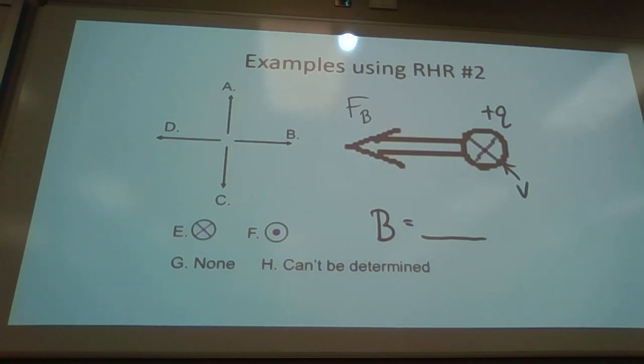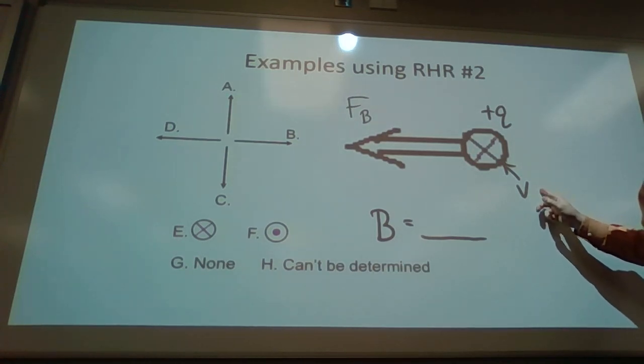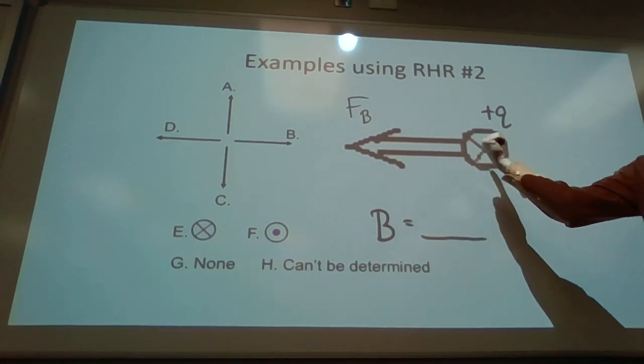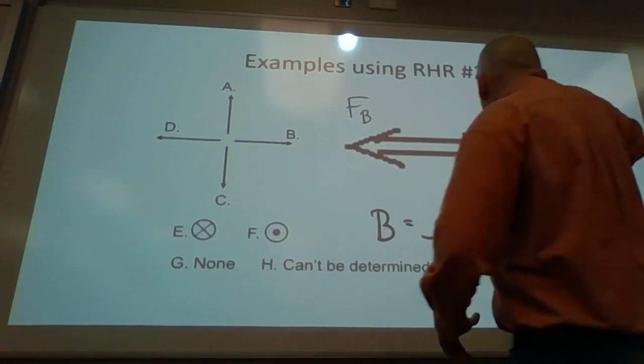FB is your palm. B is going in. Okay, here we go. This tells you to do what? Thumb goes into the board, into the page. So you're locking your thumb.